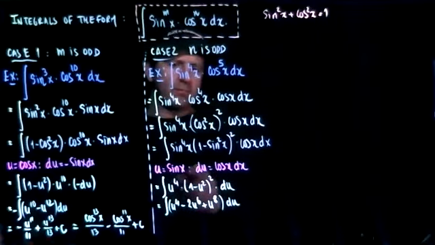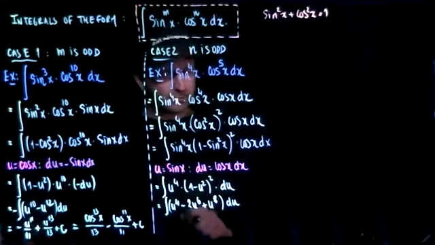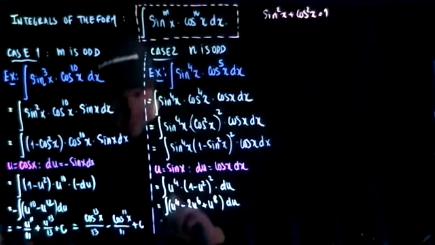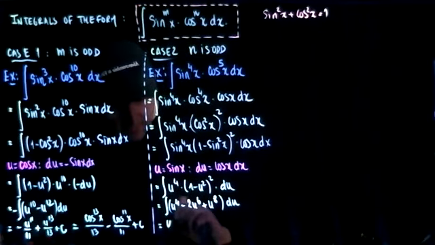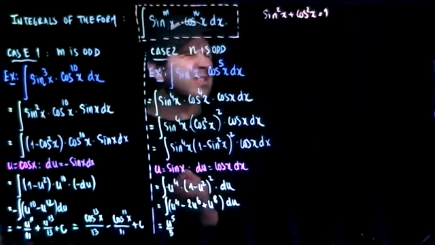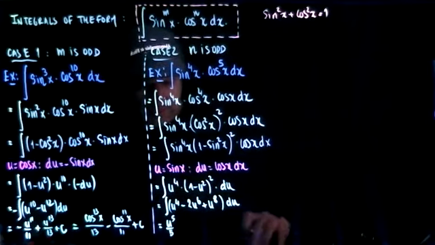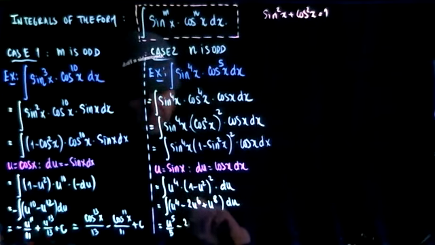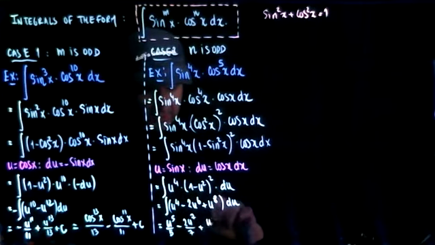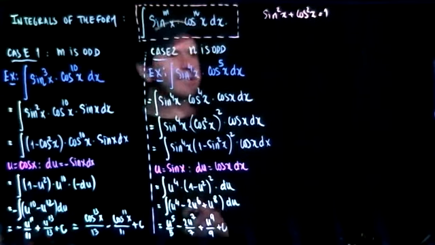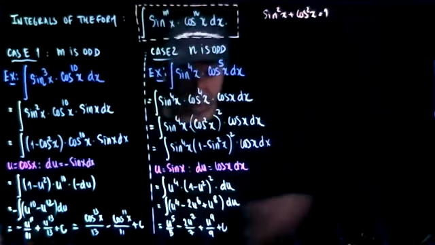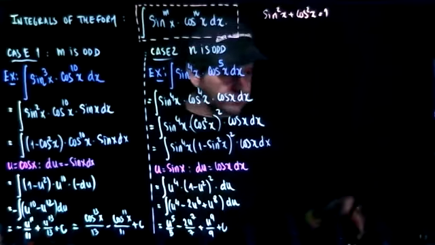That gives me u^5 over 5 minus 2u^7 over 7 plus u^9 over 9 plus c.